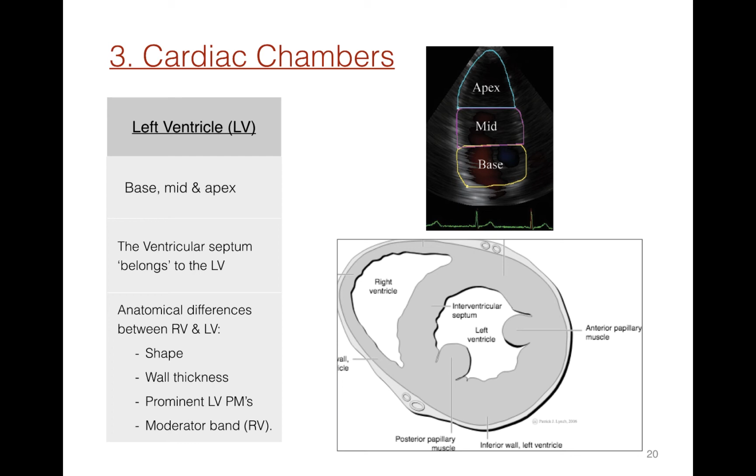Its shape, in cross-section, is very round, and much of this has to do with the fact that the pressure within the left ventricle, particularly in systole, is greater than pressure within the right. It has thicker walls than the right ventricle, certainly that's the case normally. It has prominent papillary muscles, whereas the right ventricle, as we mentioned, towards its apex, has the moderator band.